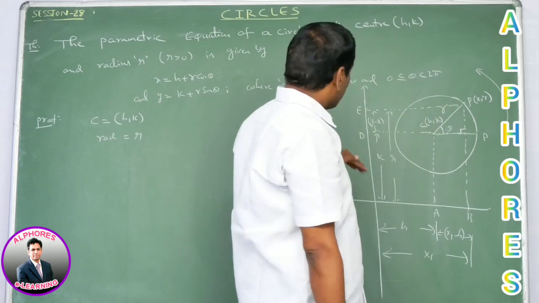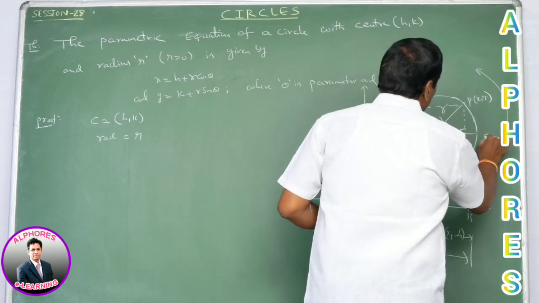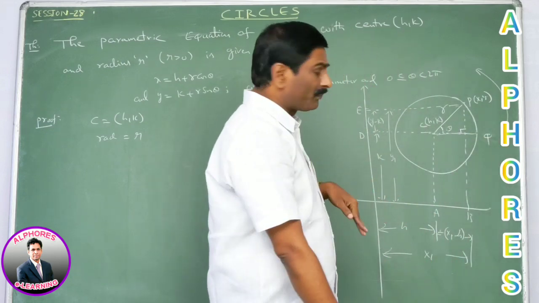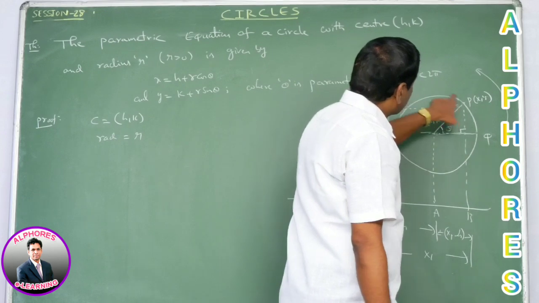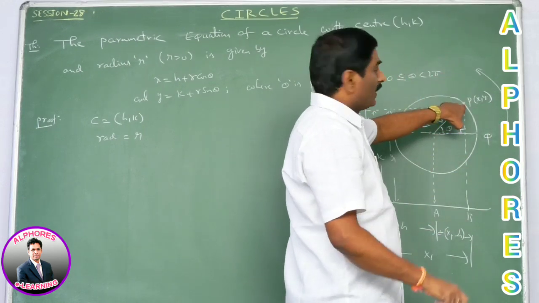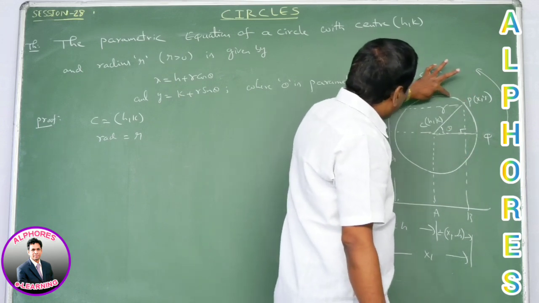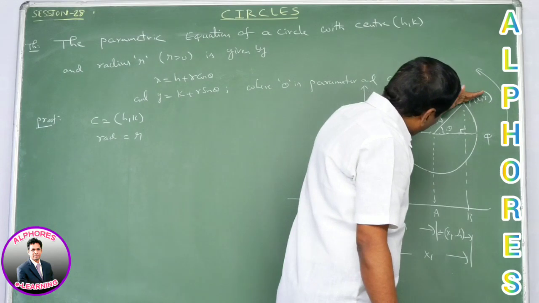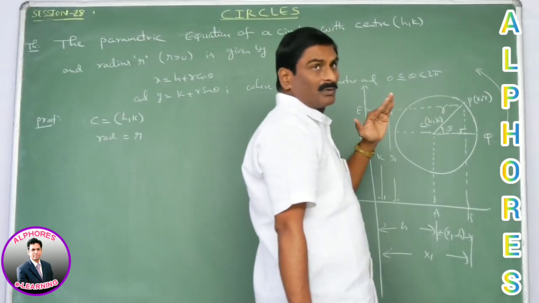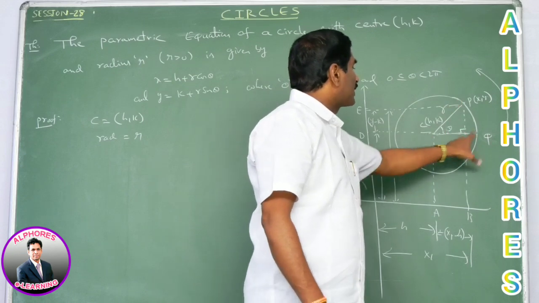Suppose this is some Q, and P moves on the circle. If angle POQ is equal to theta and theta increases, the point moves. If theta decreases, the point P moves towards Q. P is any variable point on the circle, angle POQ is equal to theta.